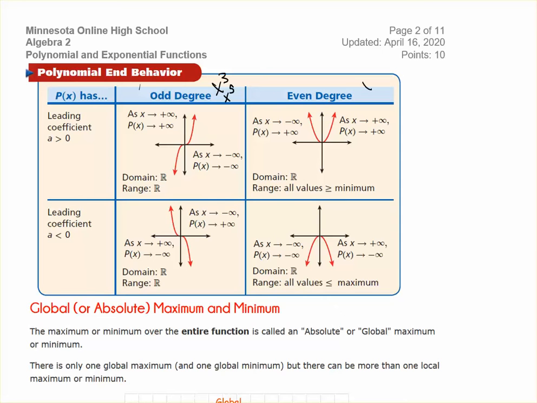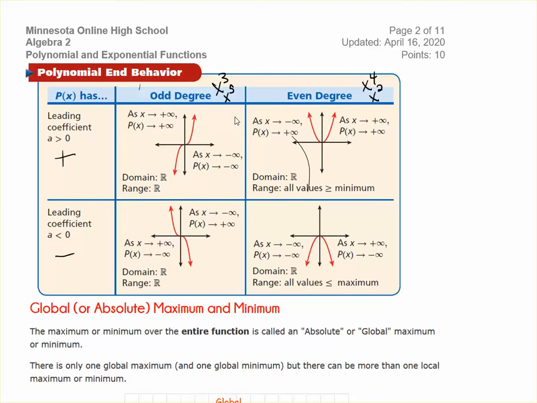An even degree would be like x to the fourth, x to the second, of course. And they behave differently depending on whether they have an odd degree or an even degree, and whether the leading coefficient is a positive number or a negative number. So if you have a polynomial, like a cubic or a quartic or some degree polynomial, you can look back at this chart to help you decide what's happening for the end behavior.